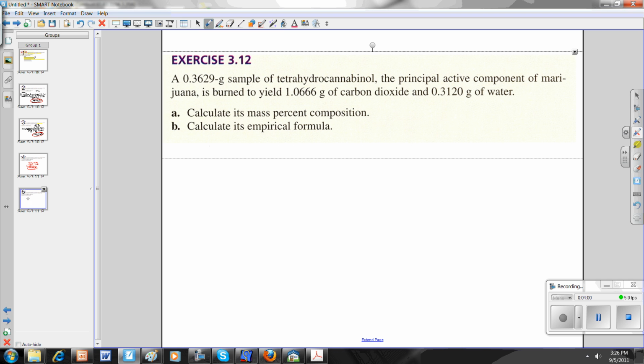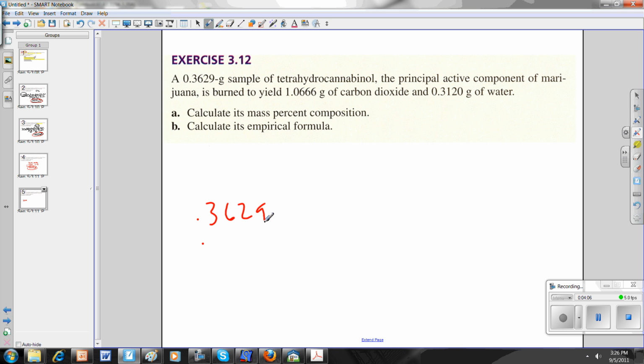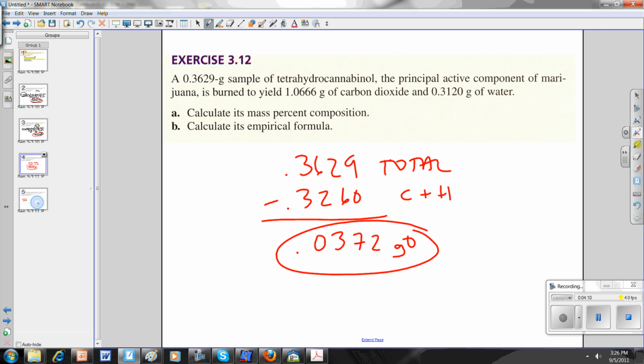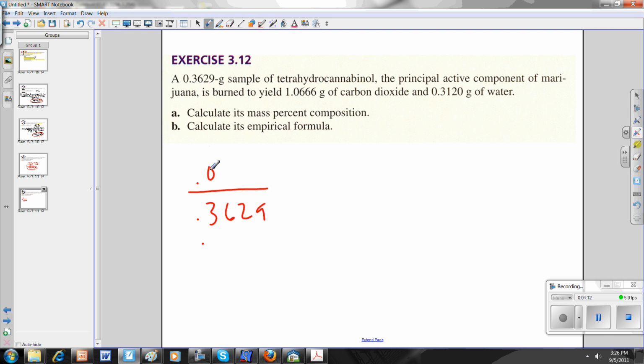To find the percent composition is fairly easy. You take the sample size, so I'm going to take 0.3629 divided by the amount of oxygen, which is 0.0372, times 100. That'll be my percentage of oxygen, because that's oxygen. Find the percentage of hydrogen, it's the same thing.